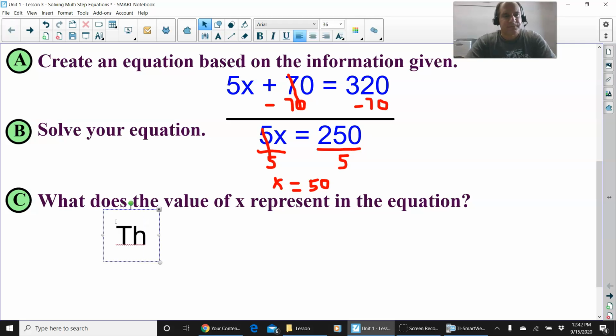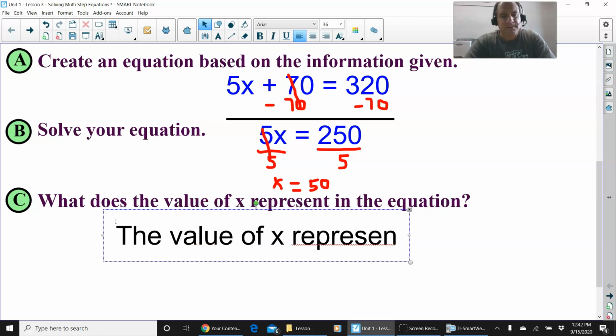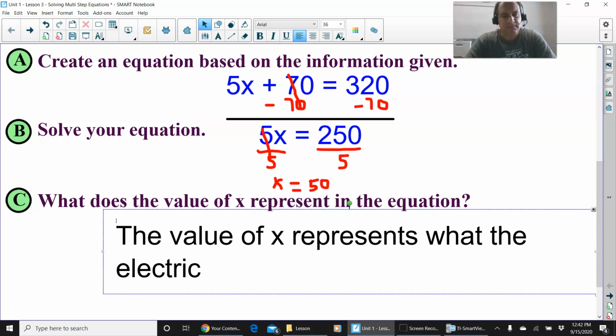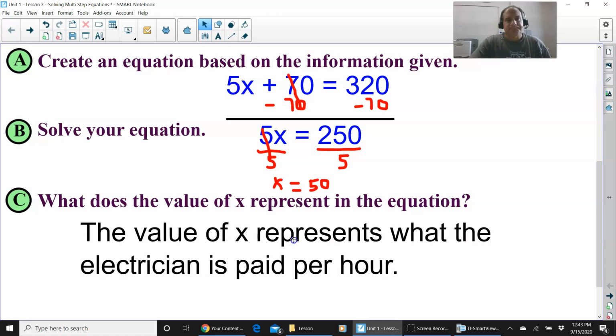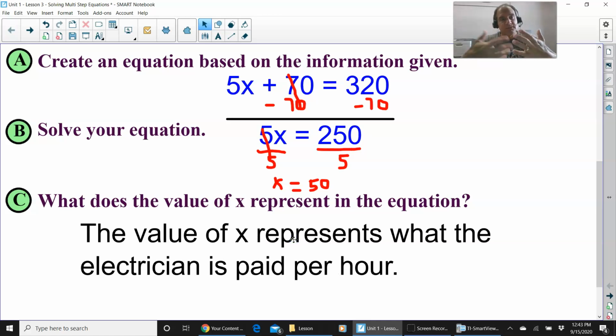So if you're going to put it down, the value of x represents what the electrician is paid per hour, or his hourly rate, you could say. So very important: what that electrician is paid per hour.